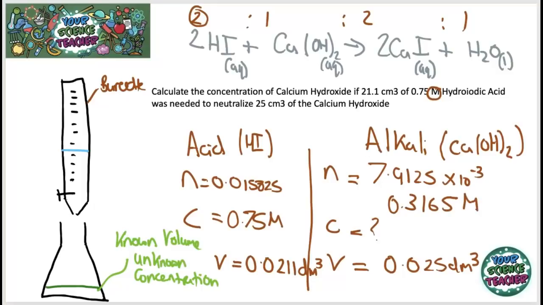Now, depending on how many sig figs it wants in the question, it depends on what you'd leave your answer as. But here in the question, there is 3 sig figs for the volume, so I'm going to leave my answer to 3 significant figures, so 0.317 M. That's my answer. Underline it, circle my units, perfect.